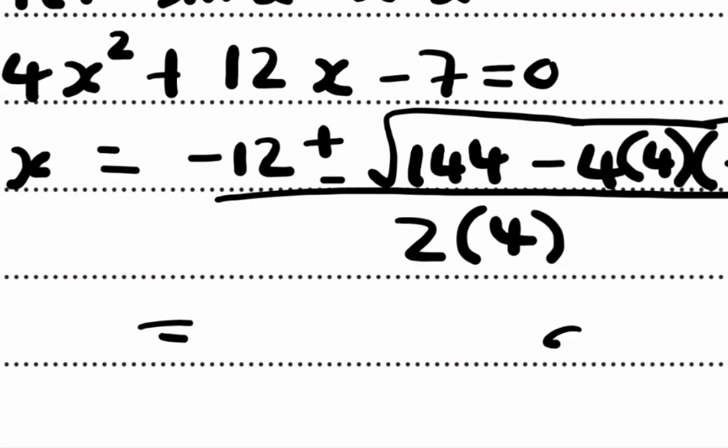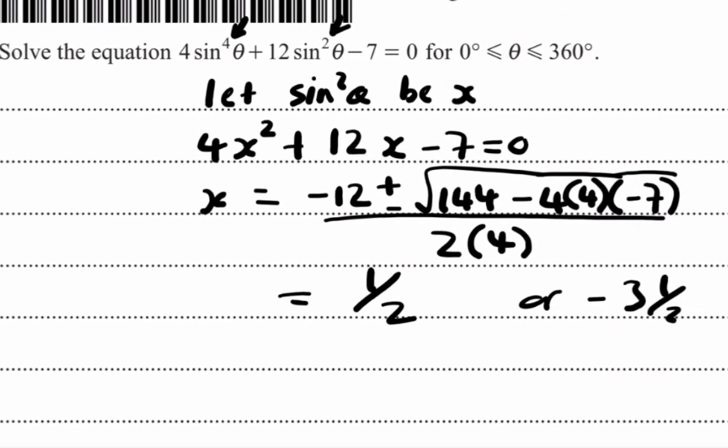This will give us two x values: minus 12 plus the root of 144 minus 4 times 4 times minus 7, over 8, which gives us half, and the other value, where we use minus, which is minus 3.5, right?